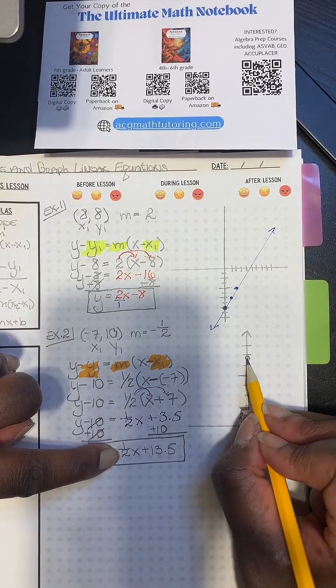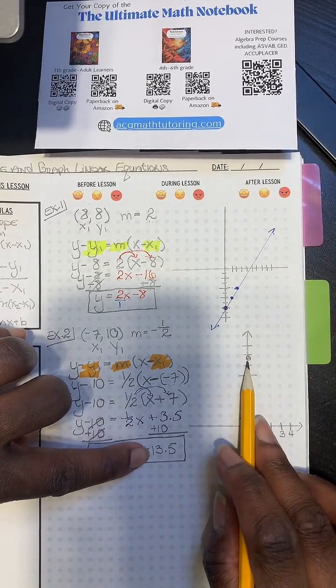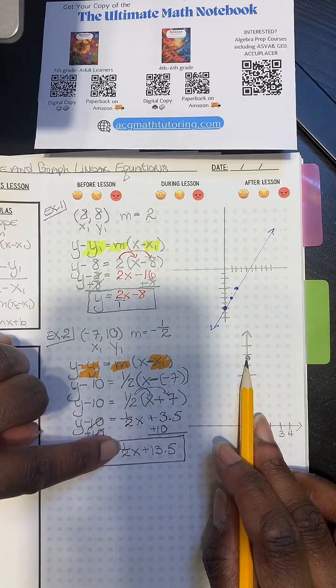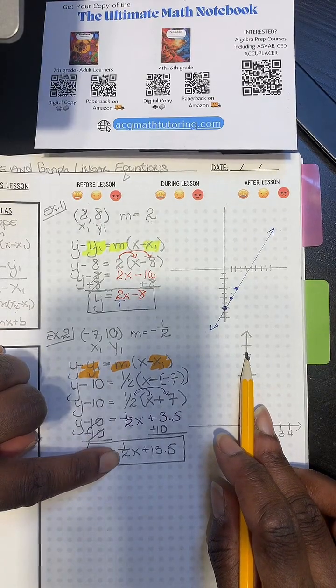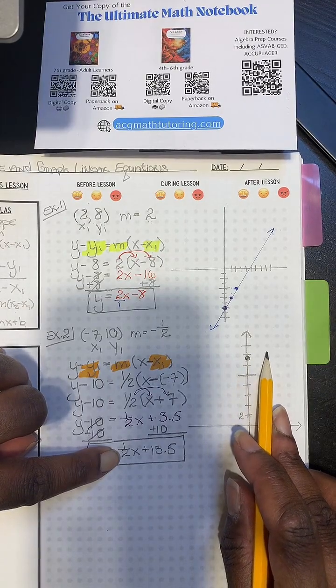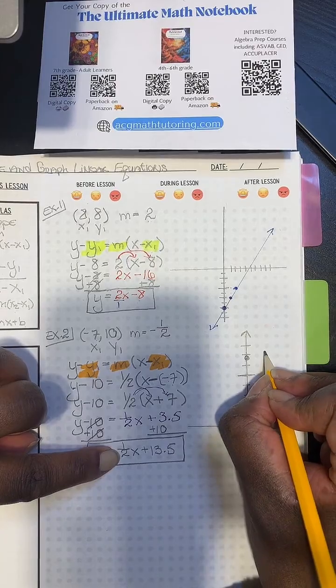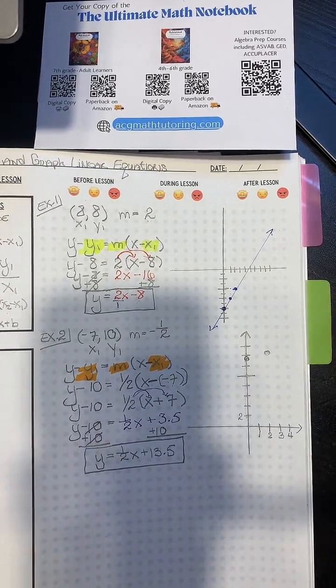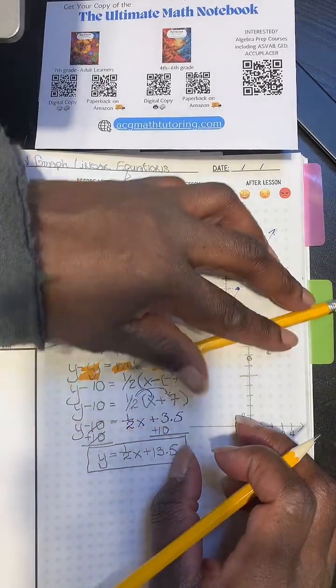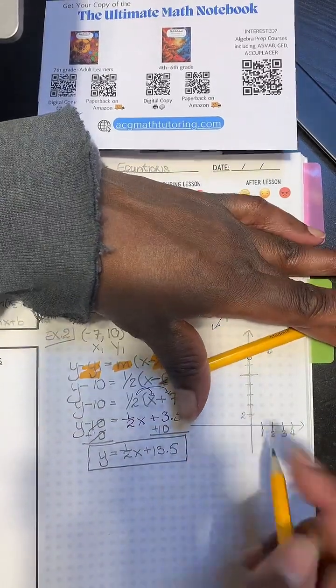You can do that, all right? So if this point is 13.5 and I need to go up 1, that means I need to go up to 14.5 and then go to the right 2, 1, 2. So this point's going to be roughly about here. So drawing my line.